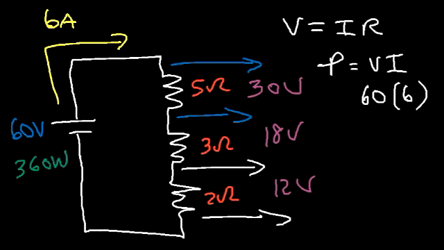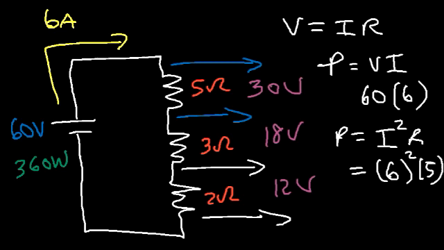Now the first resistor, it absorbs how much power? Let's use the equation I squared R. So the current that flows through it is 6 amps squared times the resistance of 5. So 5 times 6 is 30, and 30 times another 6 is 180. So this resistor absorbs 180 watts of power.